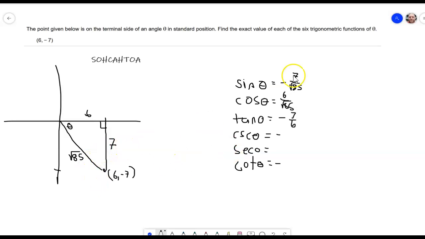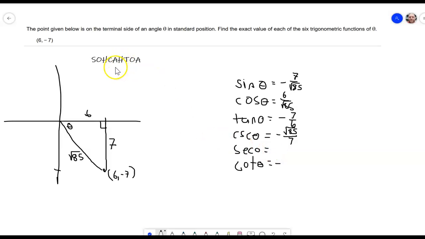So root 85 over 7. So it's going to be negative root 85 divided by 7. The secant is going to be just the reciprocal of the cosine, so that'll be root 85 over 6.